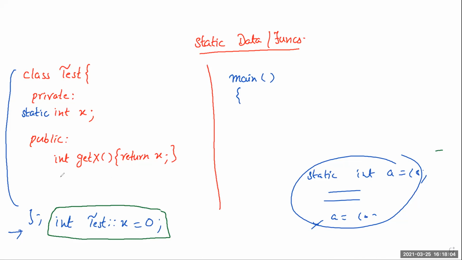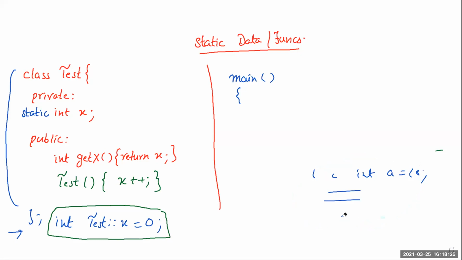Now let me complete it, and then we can discuss. I will make a constructor in this class, but a slightly different constructor, just to illustrate something. So this is the constructor, and here I am saying x plus plus. Why I'm doing this will become clear when I write the main, because we want to discuss how it behaves differently from what we already know.